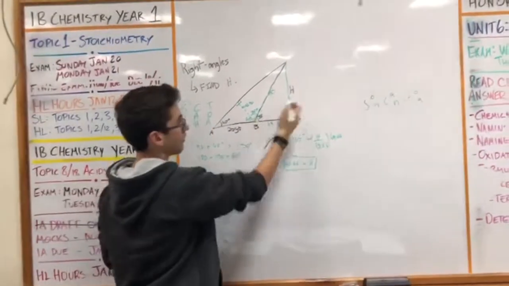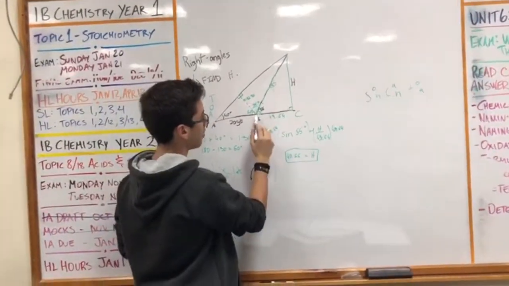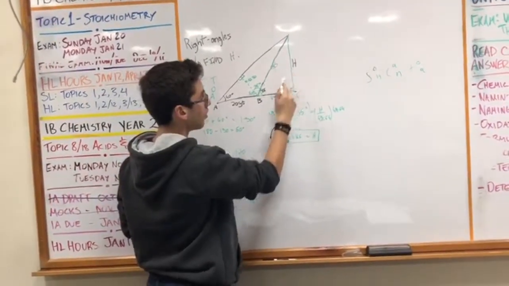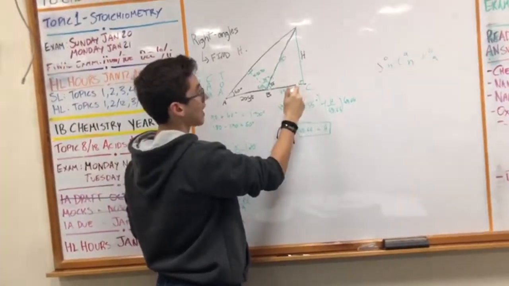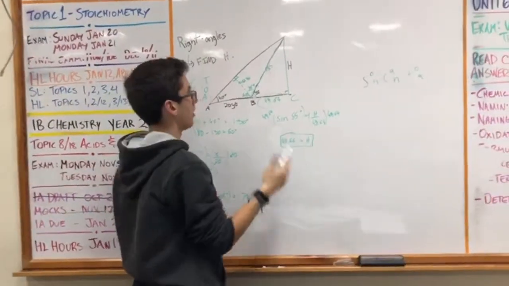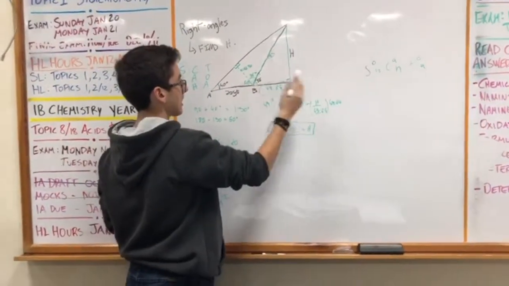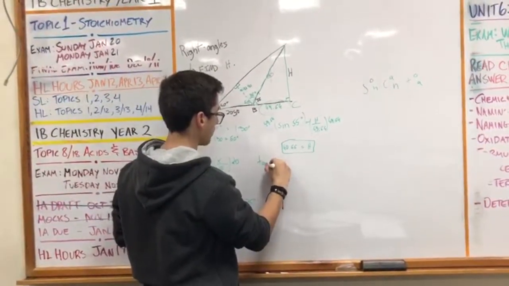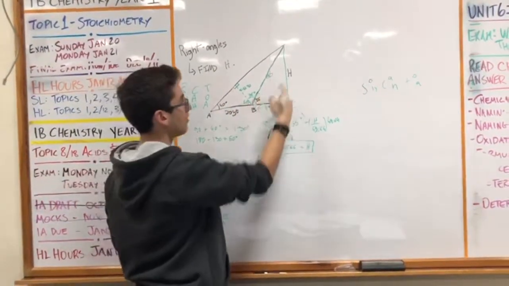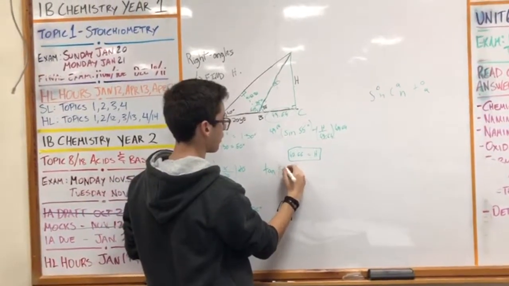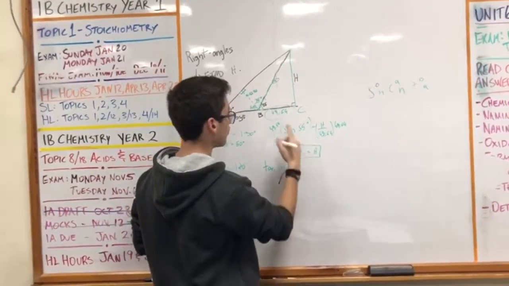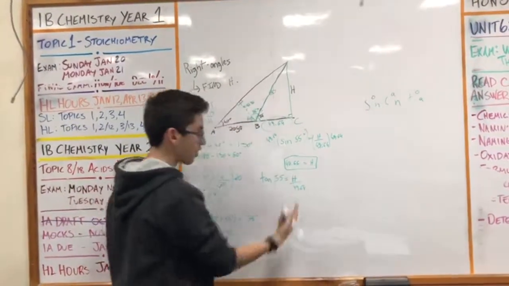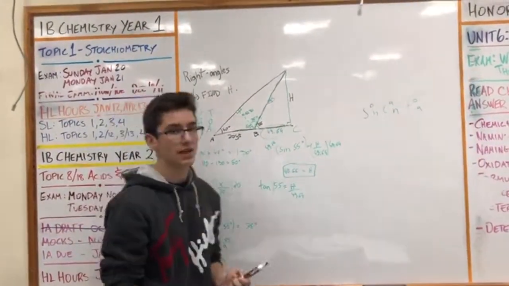If I'm trying to find H and I have the length from B to C, then I would do opposite over adjacent, because I have the adjacent side, so I'm making use of that. Opposite over adjacent is the tangent, sorry, not cosine, so tangent of 55 equals h over 49.64. Then you just solve for it algebraically, and it should give you the same answer.